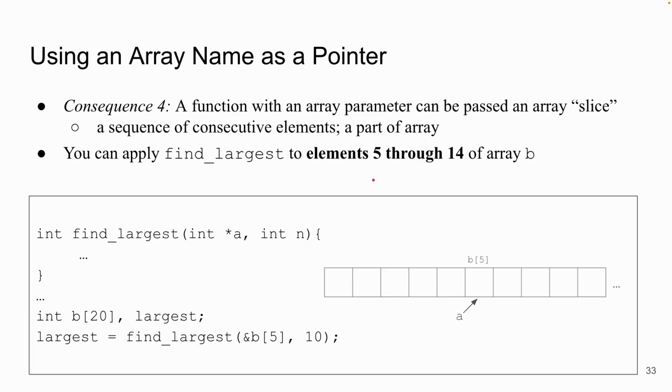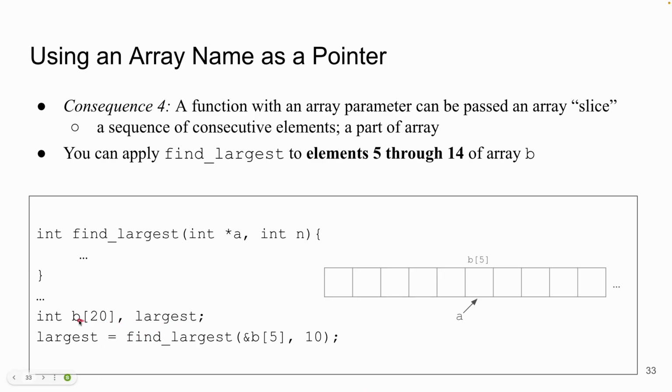And the next consequence is that we can actually pass a part of an array to the function instead of the entire array. Because now we know that the name of the array is a pointer, right? But we can create a pointer to any element of the array, right? So we can use this fact to write a program like this.